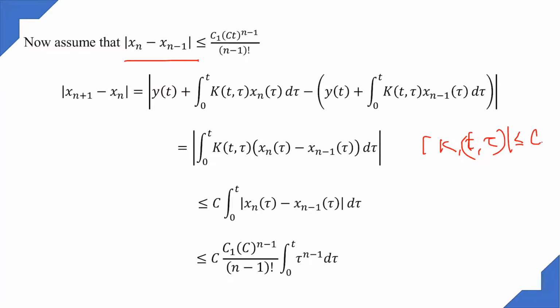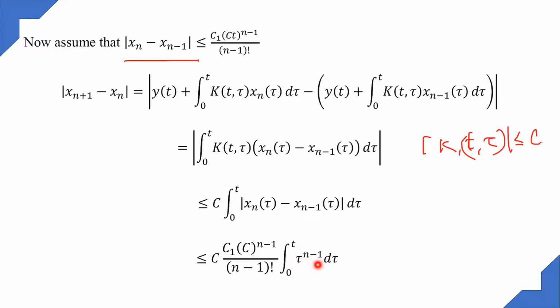So here we can write this is less than or equal to c, then c1 c to the power n minus 1 divided by n minus 1 factorial integral 0 to t tau to the power n minus 1 d tau.